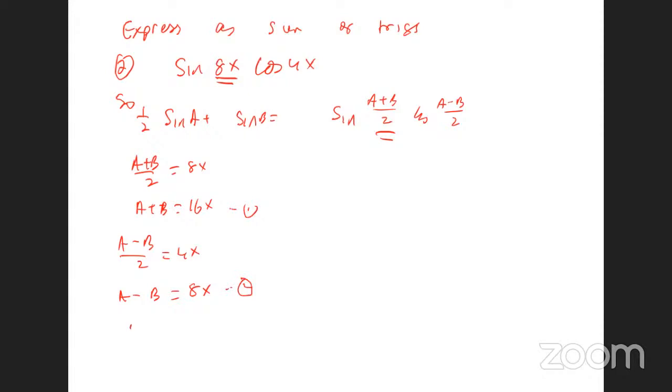I am going to add them, 1 plus 2. That will give me 2A equal to 24x. So I got A to be 12x. And therefore B will be 4x.